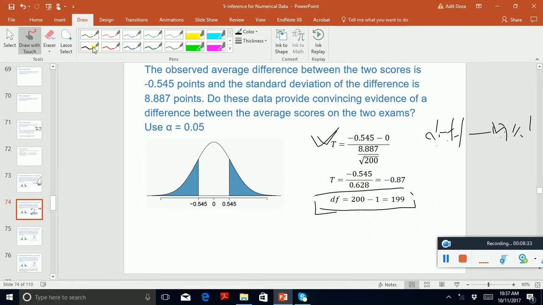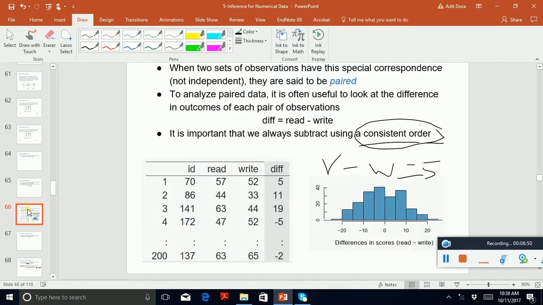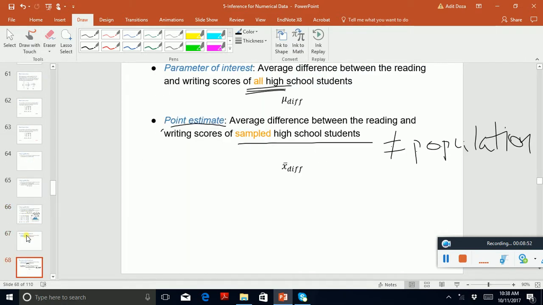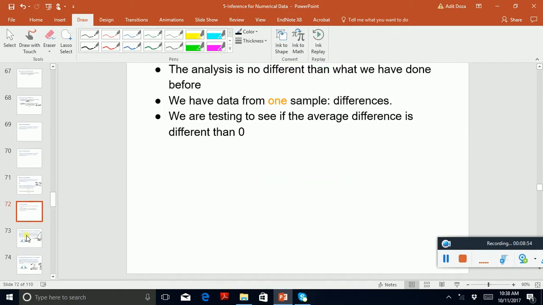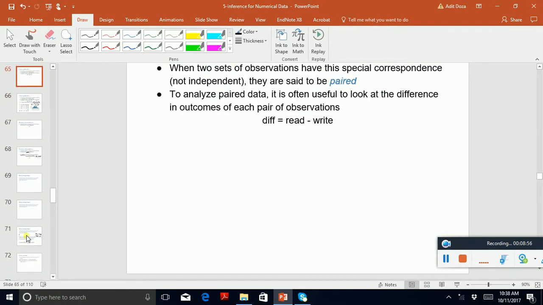And then standard error over root n, right? So this is the formula. Is this clear to you guys? How to use the formula? If you have any questions, please let me know, because this is important to understand.